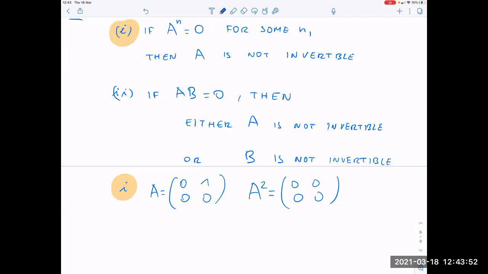And there are matrices that require higher powers, but what do you think about these matrices not being invertible? So why do you think this matrix is not invertible?